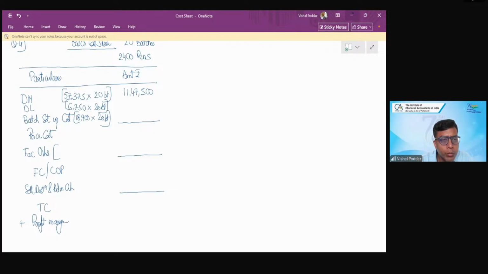Then Shifimol again says 1,35,000. Okay. Manivanan, 1,147,500. Yes, that is done. And Anurag gives me even the batch setup cost. He says it is 378.